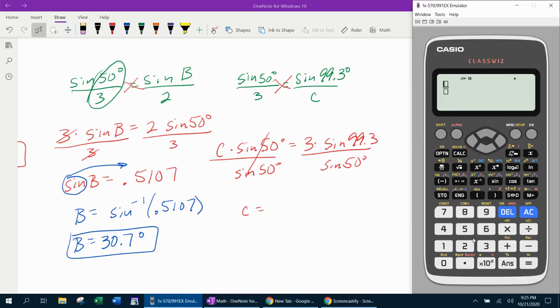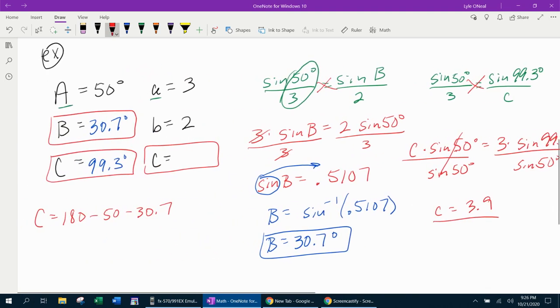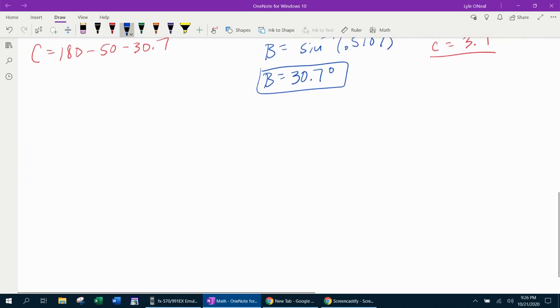Let's see here. 3 sine 99.3 close parenthesis divided by sine 50 works out to be, to the nearest tenth, 3.9. Rounded, 3.9. And we're done. All three pieces are found.